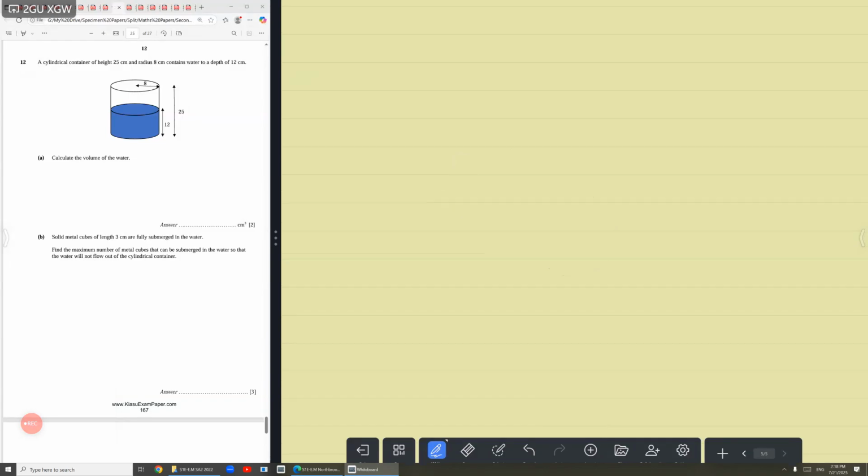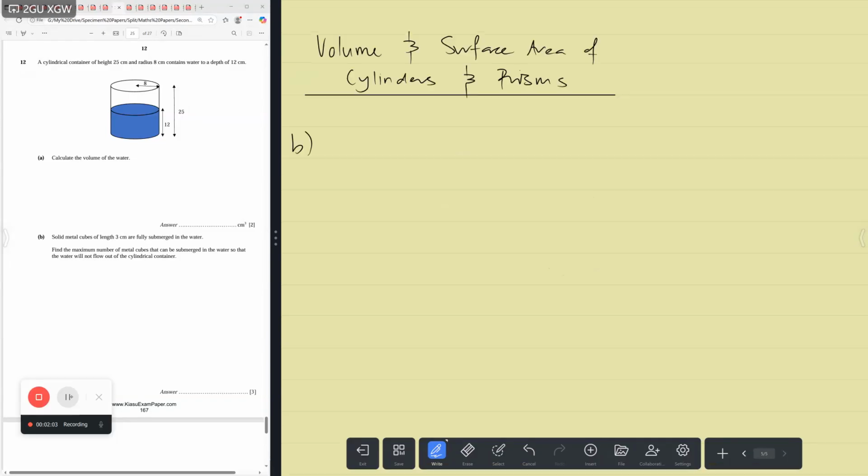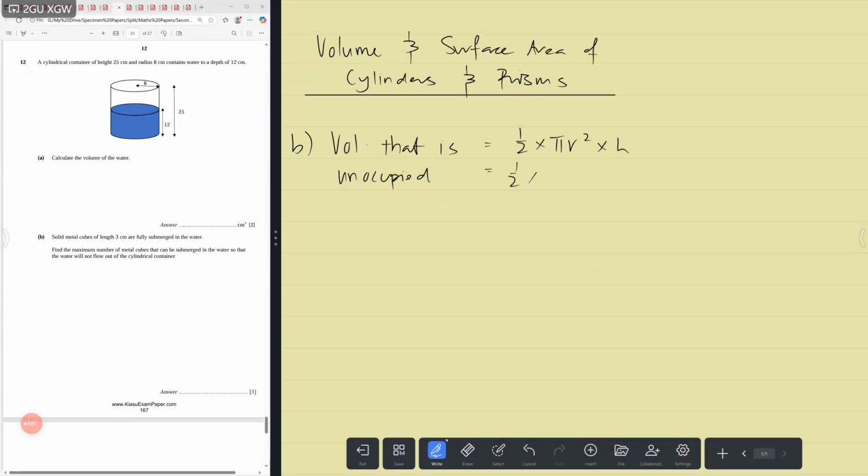So for part B, we need to find out the volume of the container which is unoccupied. Okay, so volume that is unoccupied is equal to pi r squared times height.